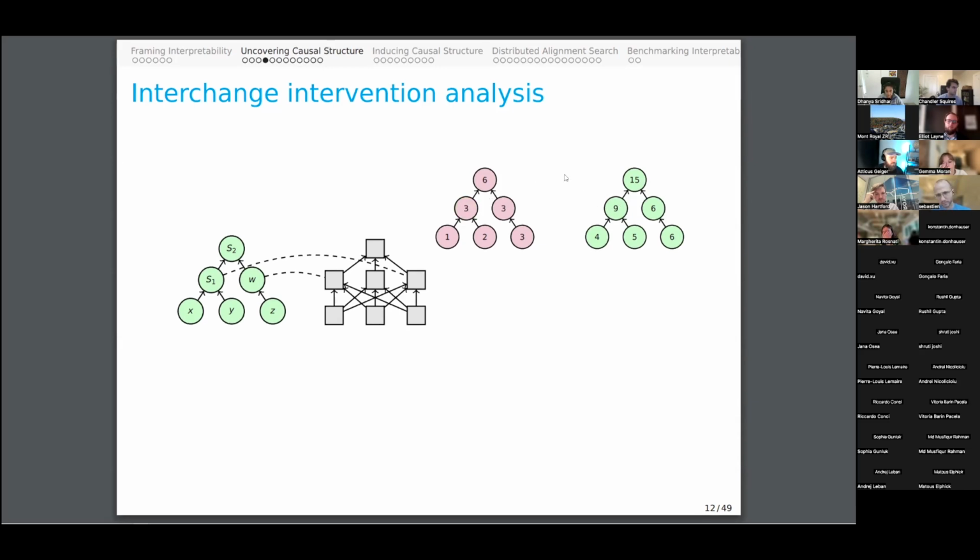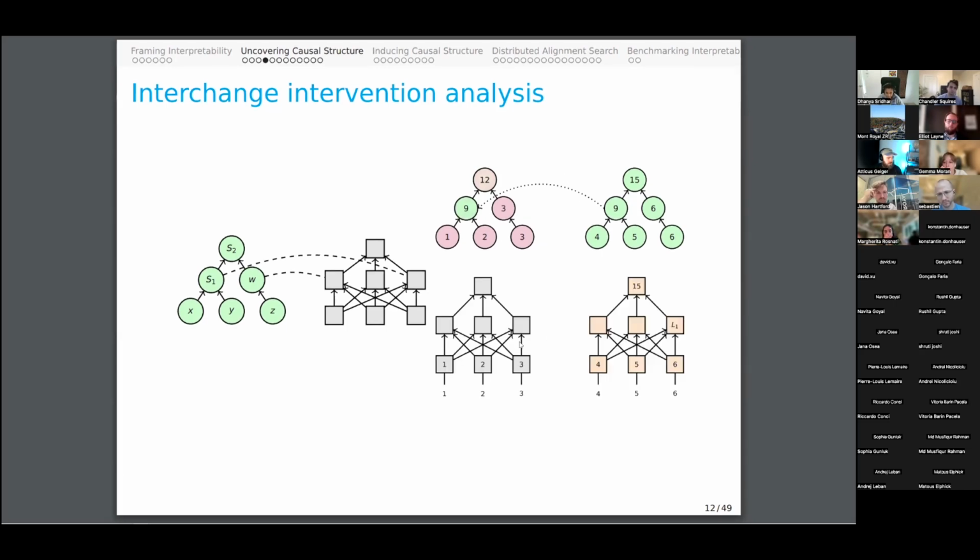So what does that do? It increases the output by 6. And if we think that S1 lives here in the neural network, we should be able to take the two same inputs, run them through the network, replace the representation at this location, and then the output of the network should be 12, matching the counterfactual output of the high-level model.